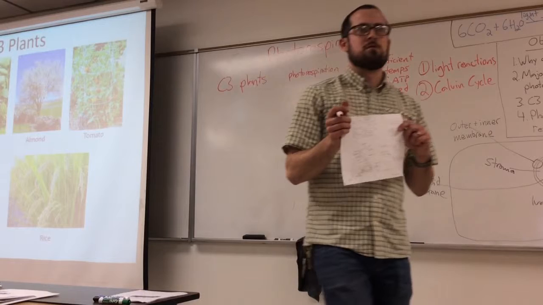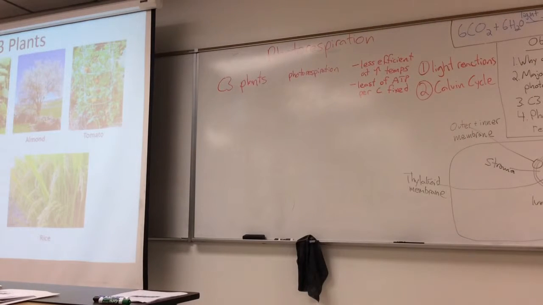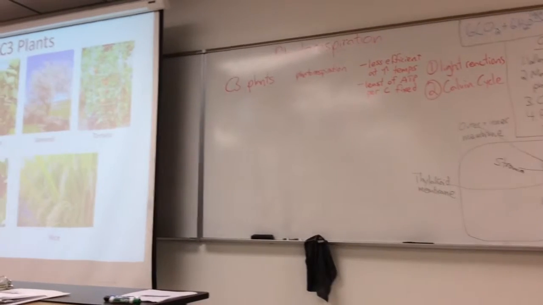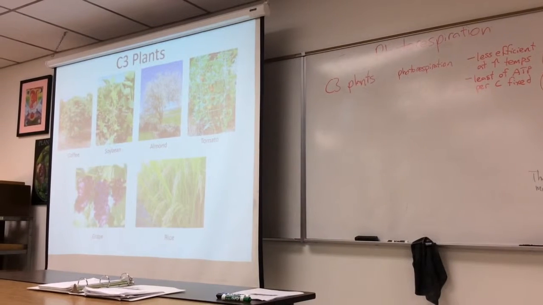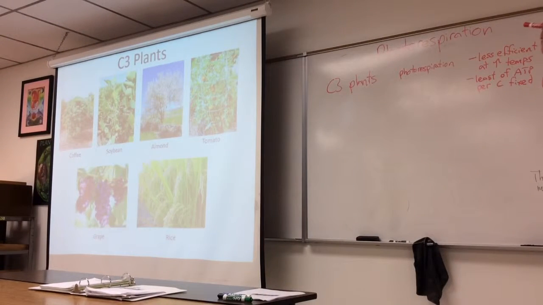All right, so now we'll talk about two different mechanisms that plants have evolved to address this issue of photorespiration. So the first mechanism is called C4. And before I get into that, let me just explain where that name C3 comes from.